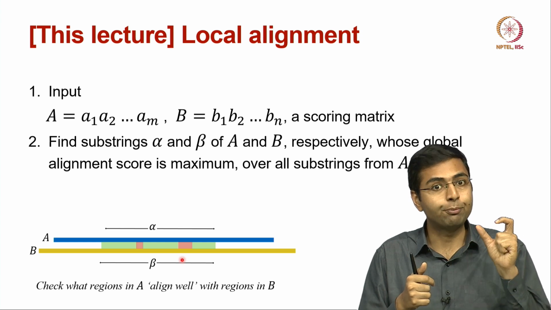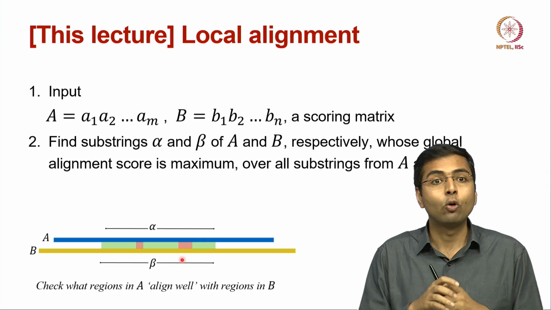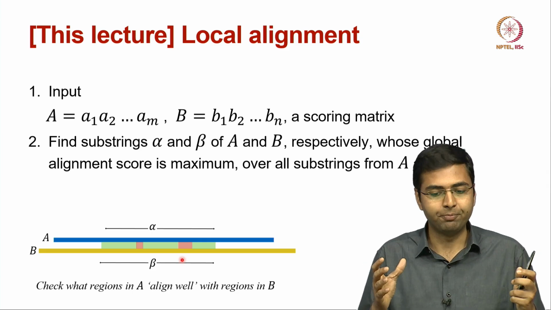That is, to look for substrings alpha and beta of A and B respectively, whose global alignment score is maximum over all substrings from A and B.